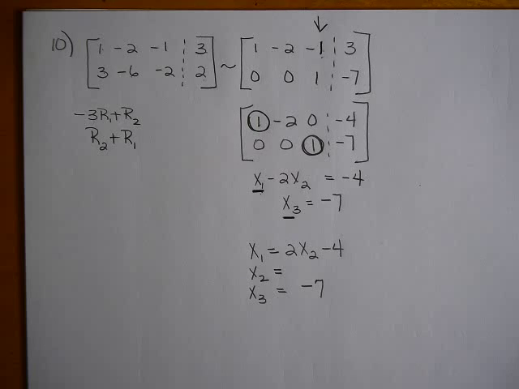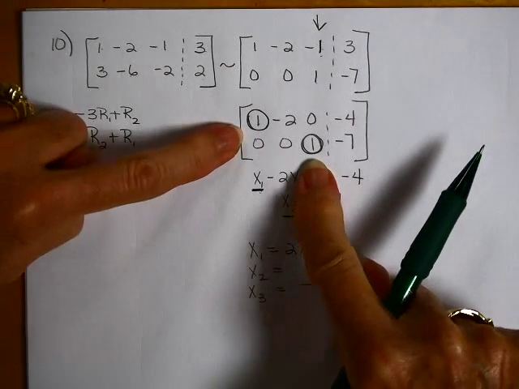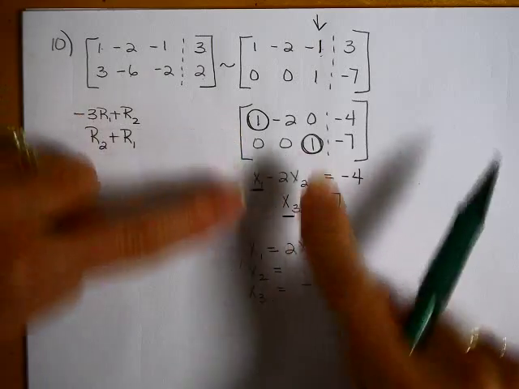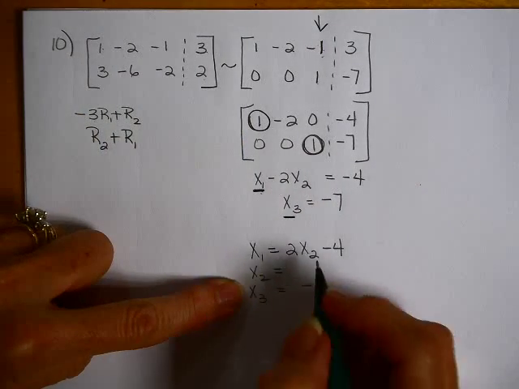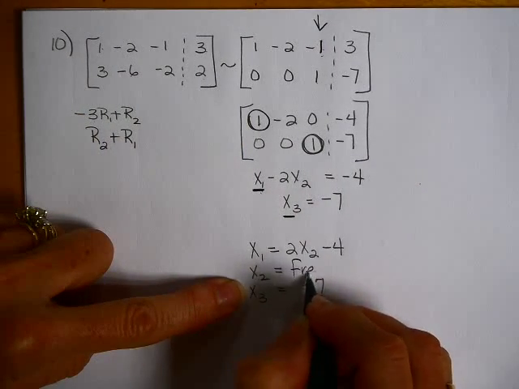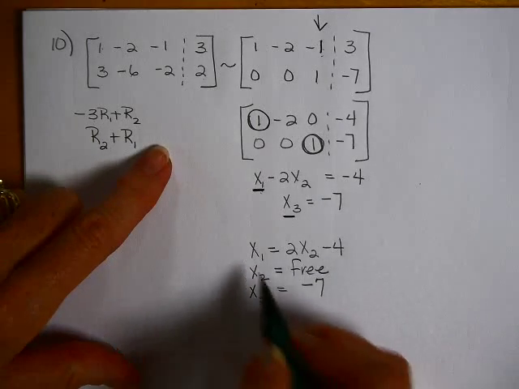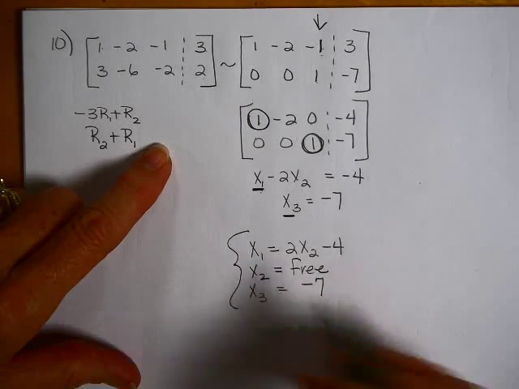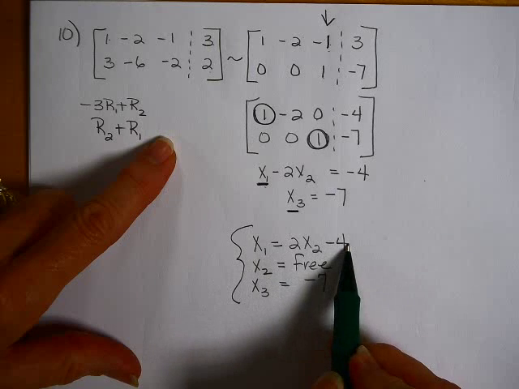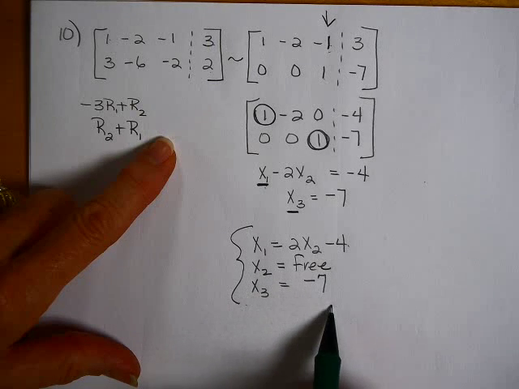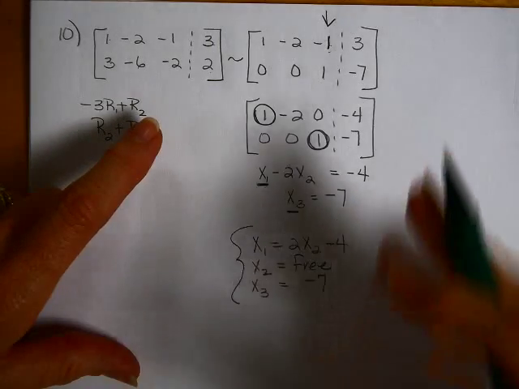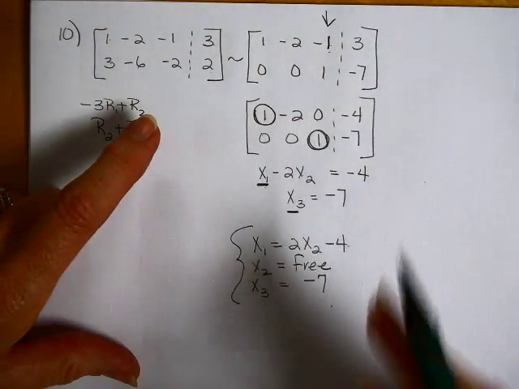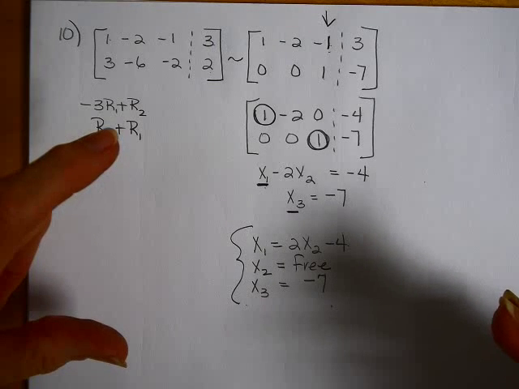It is not a basic variable because the basic variables are these two. This one is a free variable, so x2 is free. And I usually write these in order. I write something for x1, something for x2, and something for x3. This represents all of the solutions of this system.